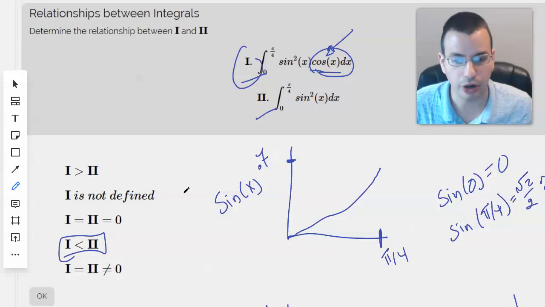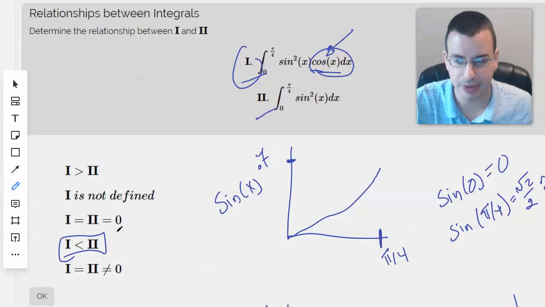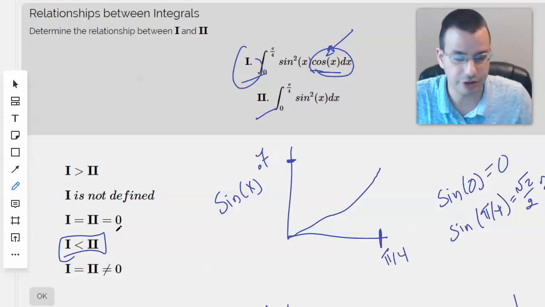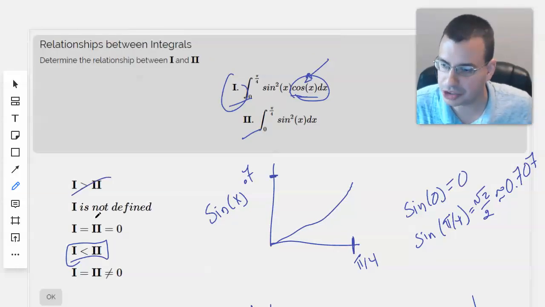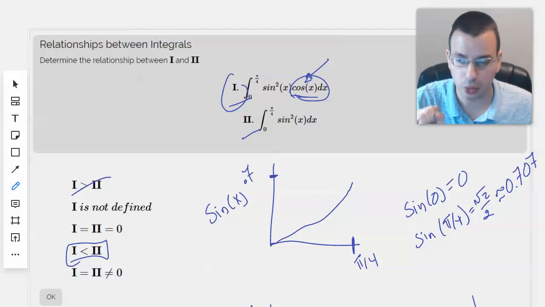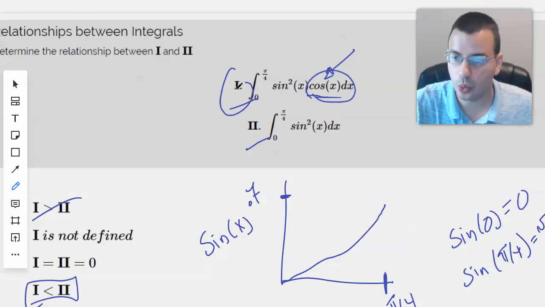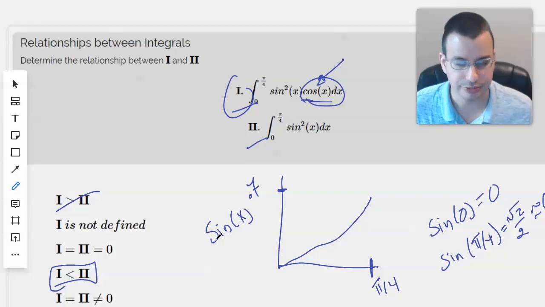And neither of them will be 0, because we saw there was some area under the curve. They weren't equal, and that one's just wrong. So the answer for this one is that 1 here would be less than 2.